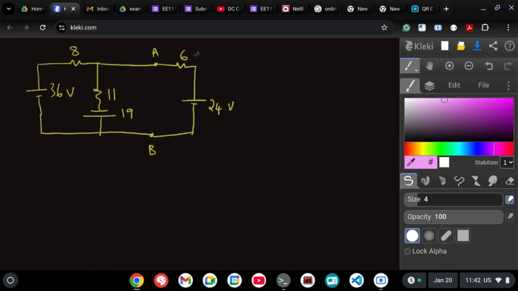So now let us follow what he was telling. Where should I keep I1? I can make it like this loop current I1. I use small letter I1 and this side also I can say I2.